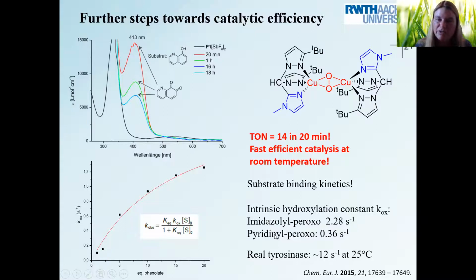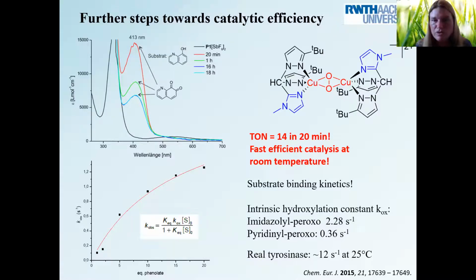Compared between the pyridinyl peroxo, so the parent peroxo, and the imidazole peroxo, just the change of this single donor in the ligand enhances the hydroxylation reactivity by a factor of 8. So the donors are really crucial for these details in the reactivity.